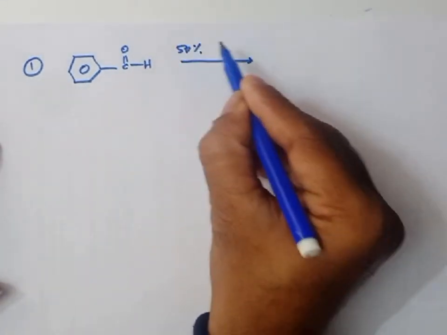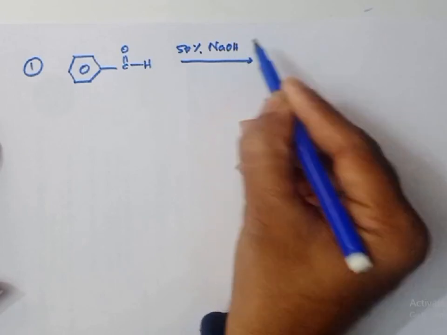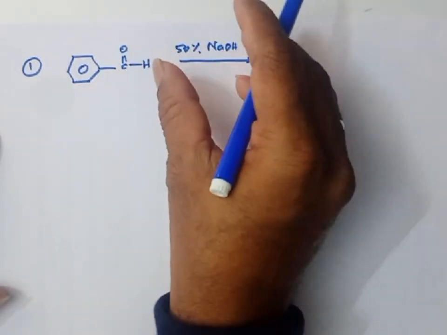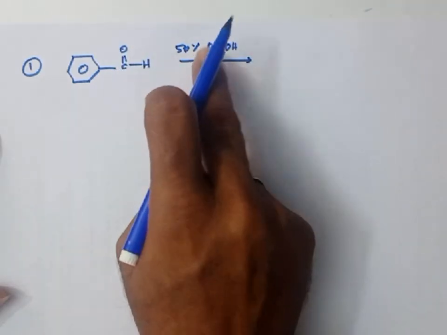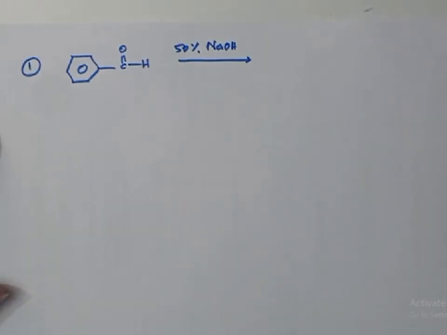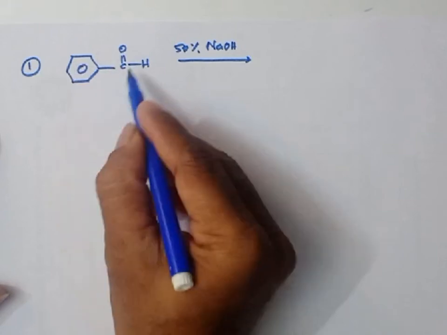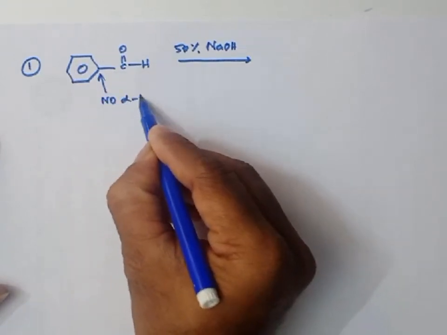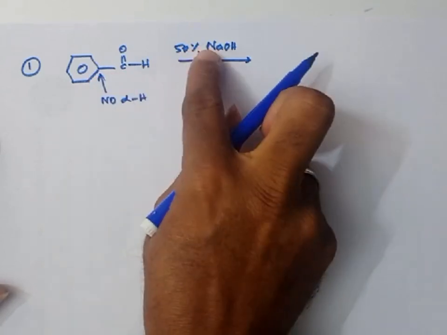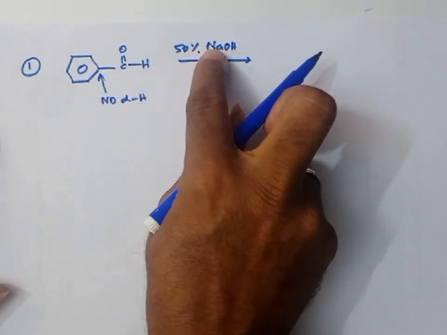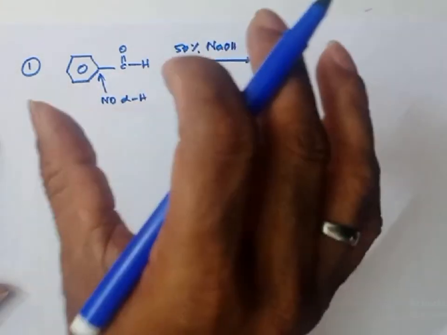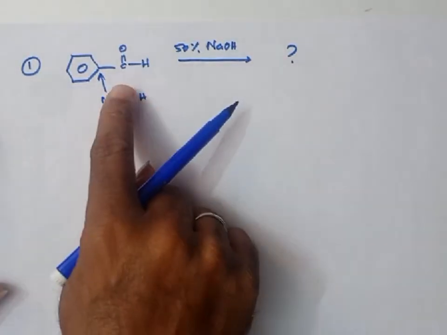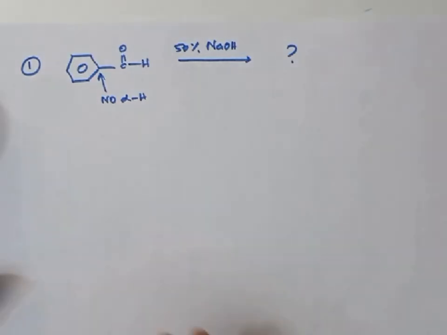Usually we'll add 50% sodium hydroxide solution, very strong, highly concentrated. If you have this compound with no alpha hydrogen, and we are adding concentrated strong base, then this reaction is a Cannizzaro reaction. You must identify that first. In the examination they'll give it simply like this, they won't give two molecules.